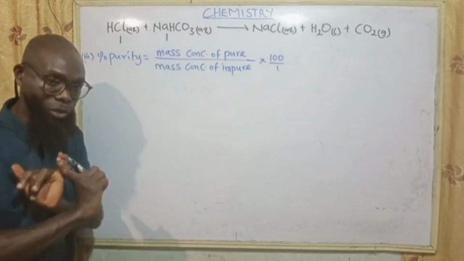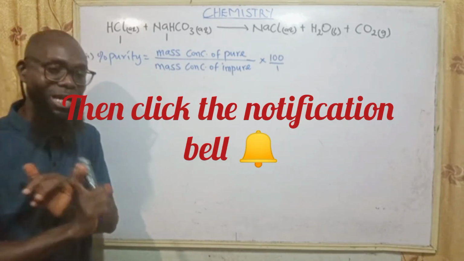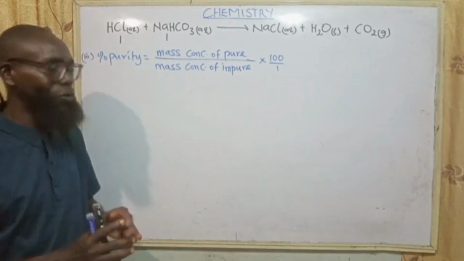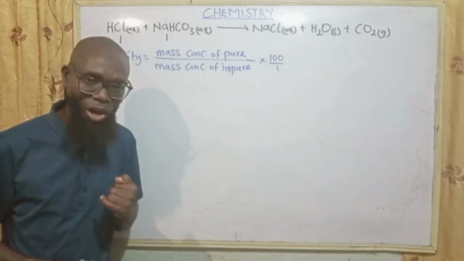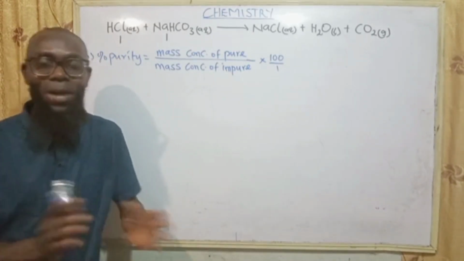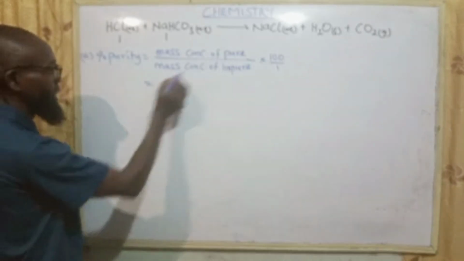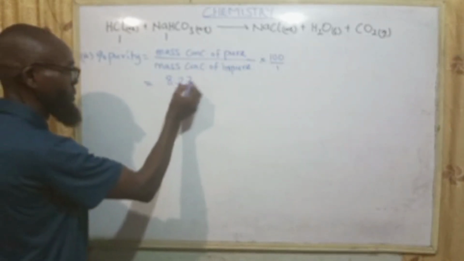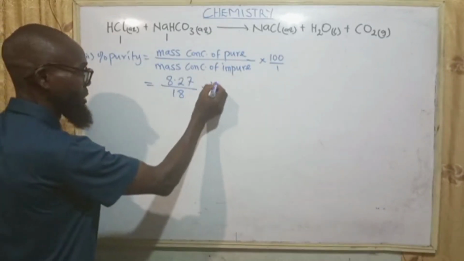We have gotten the mass concentration of pure sodium hydrogen carbonate to be 8.27. Then mass concentration of impure, we have been given that 18 gram of impure sodium hydrogen carbonate per dm cube we have been given. So here we now have 8.27 divided by 18 multiplied by 100 over 1.